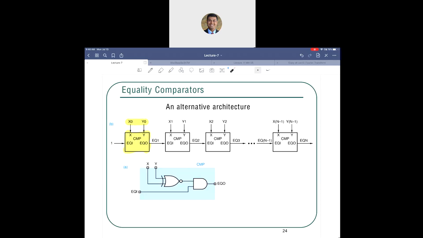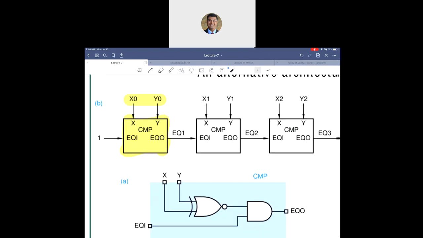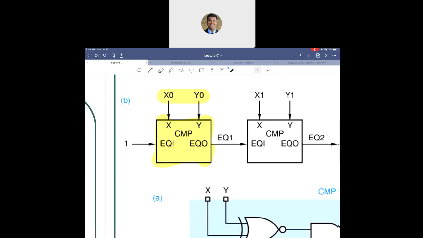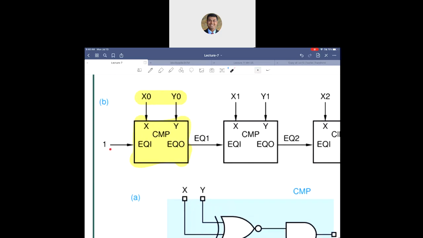What does that mean? EQI and EQO. That means from the previous stage, in the earlier comparisons, was it equal or not? If it was equal, you will get a 1. If it was a 0, that means it breaks. So at the beginning, I'm choosing 1 because so far there was nothing compared.